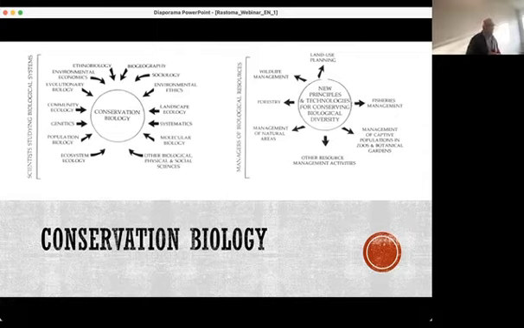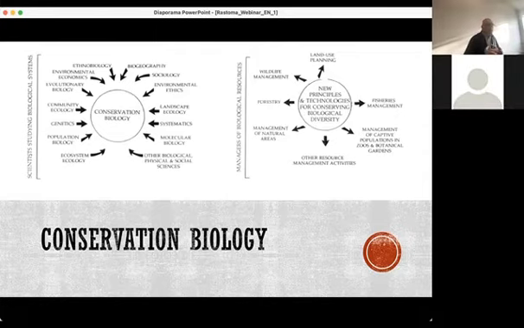You must work with authorities to manage the land use, for example. So the biology of conservation is really two parts, a scientific part and a more applied science.